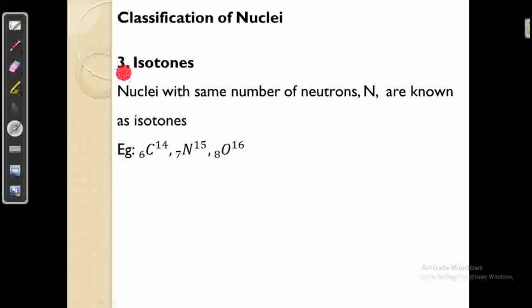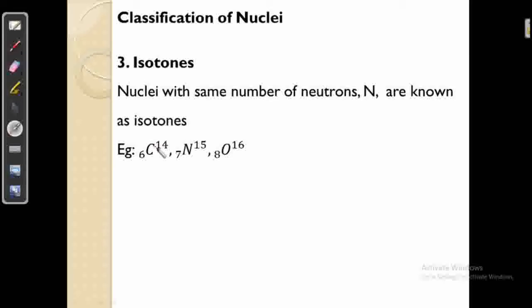The third one is isotones. Nuclei with the same number of neutrons are known as isotones. That means the number of protons is different and the mass number is different, but the number of neutrons is the same. Carbon 14 (atomic number 6), nitrogen 15 (atomic number 7) and oxygen 16 (atomic number 8) are examples. You can see that the atomic number is different, 6, 7, 8, and the mass number is also different, 14, 15, 16.